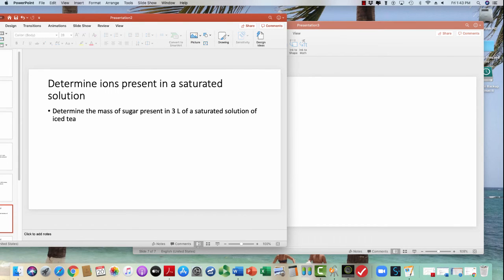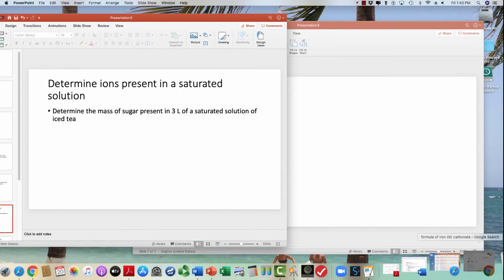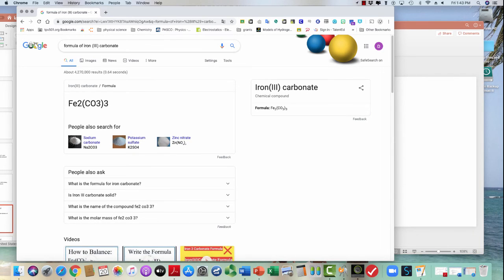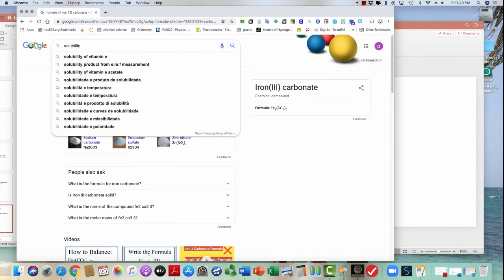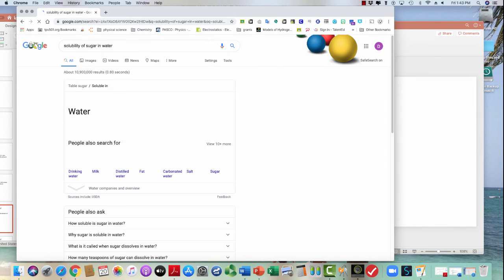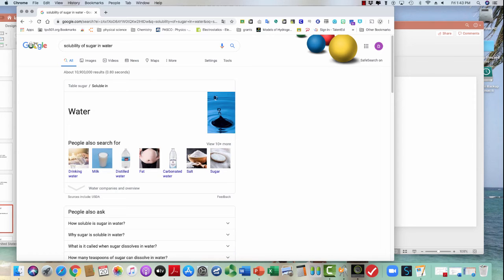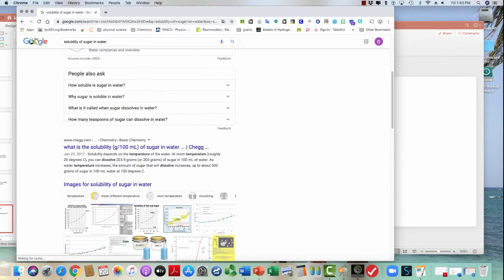All right, so the next question is that we're looking at: determine the mass of sugar if we've got 3 liters of saturated solution of iced tea. Iced tea is made mostly of water. So I'm going to come back to my, all right, let's see the solubility of sugar in water.